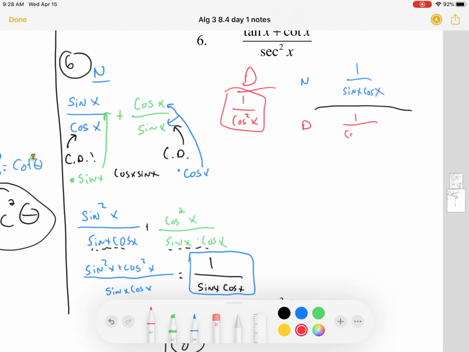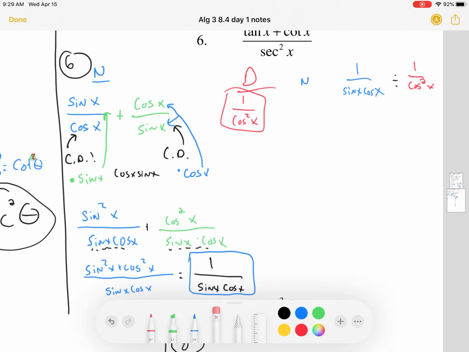My denominator is 1 over cosine squared x. Holy cow, we got double fractions. This is confusing. But another way to write this is, instead of writing the division bar like this, what if I put divided by 1 over cosine squared x?